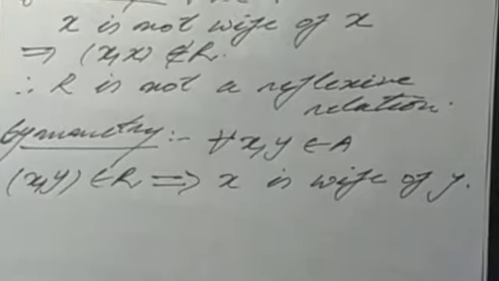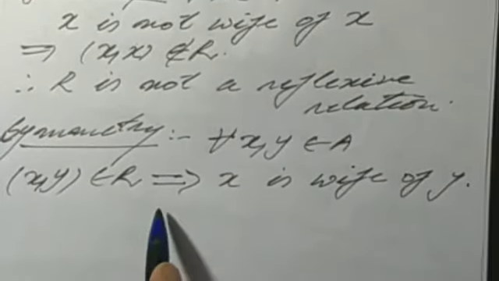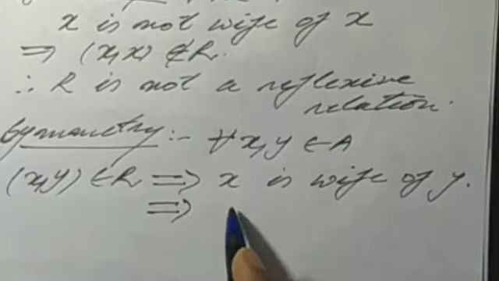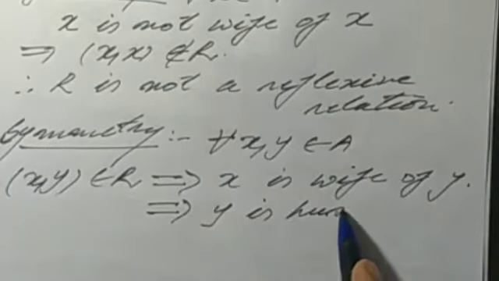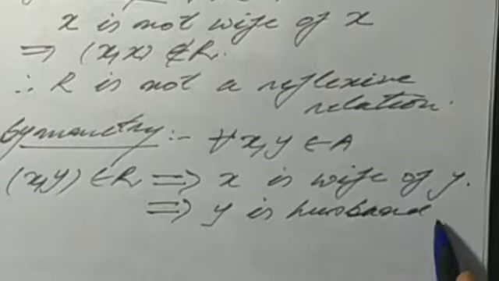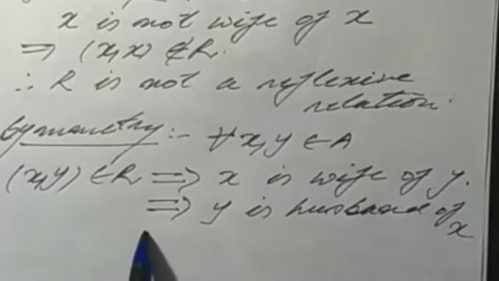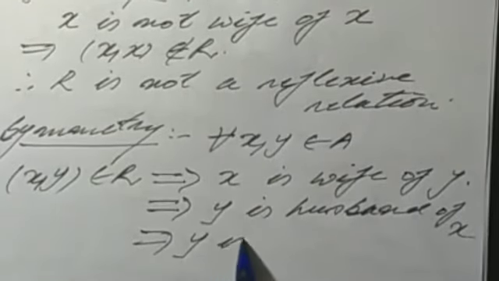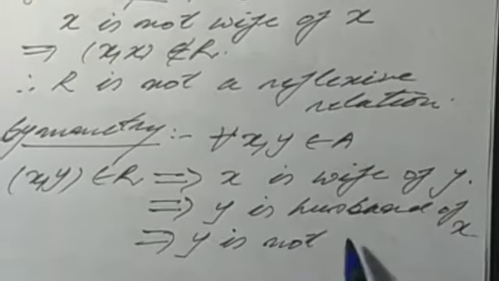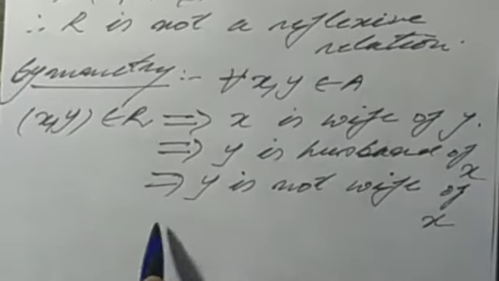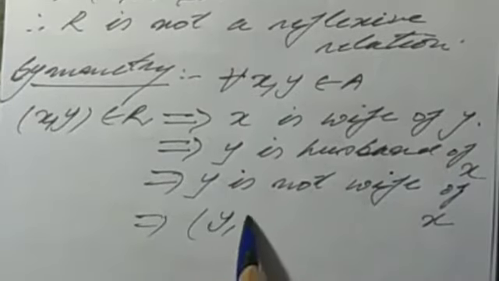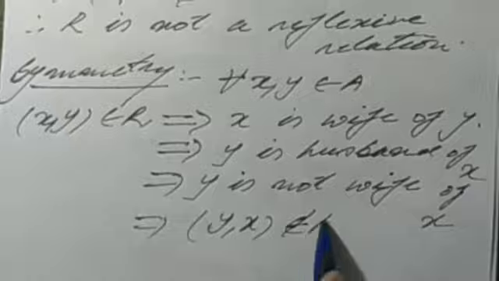Then obviously if x is wife of y, then y is husband of x, not wife of x. So y is husband of x. So it implies that y is not wife of x. It implies that (y, x) does not belong to R. So R is not symmetric.